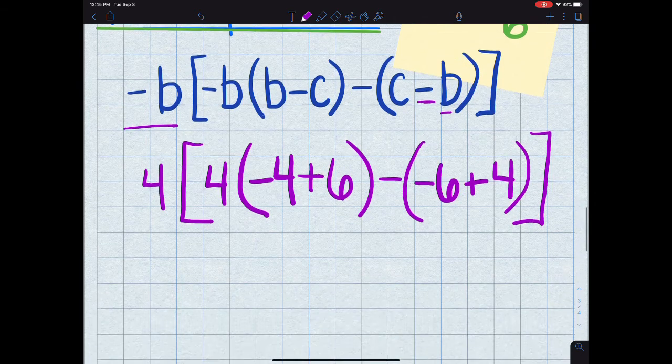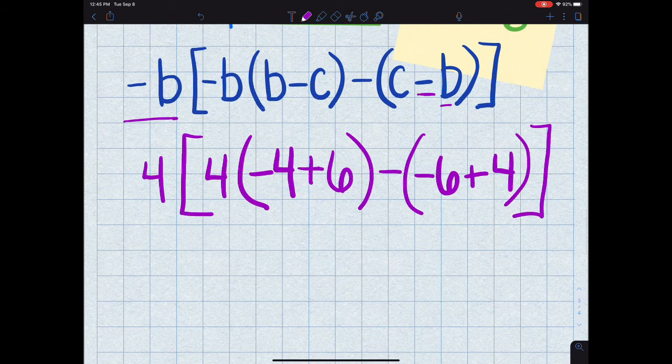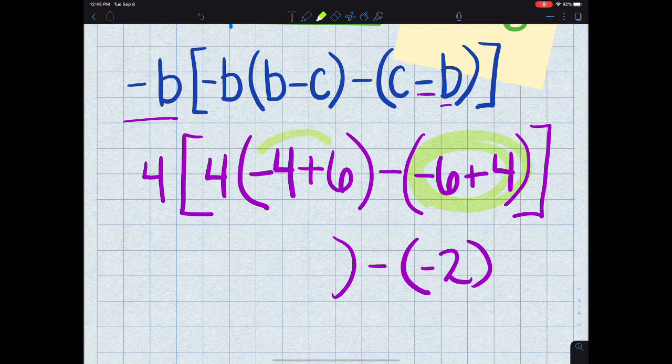Okay, and then we're going to just simplify this. Okay, so let's do these parentheses first. -6 plus 4, that's going to simplify to -2. And then let's do this parentheses, which is basically 6 minus 4, which is a +2.